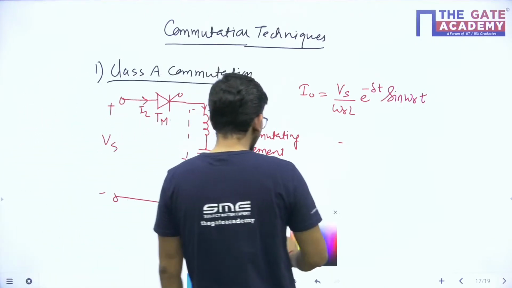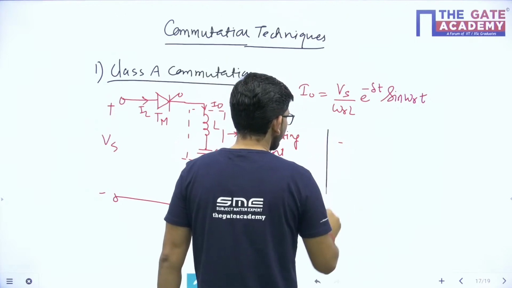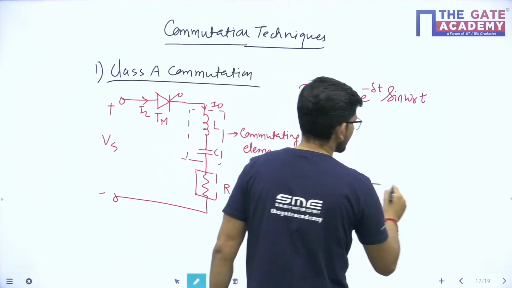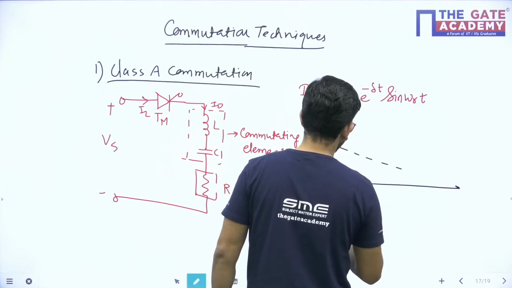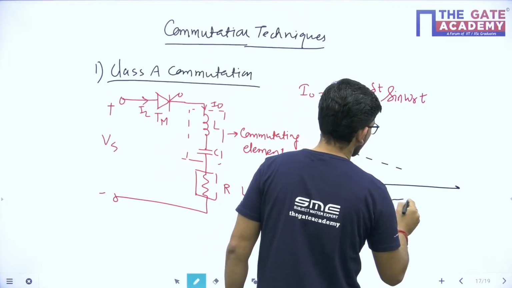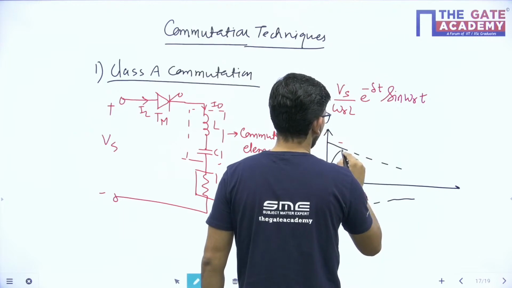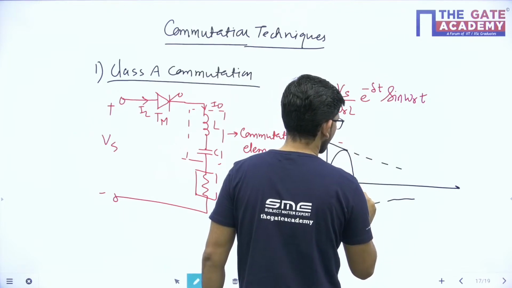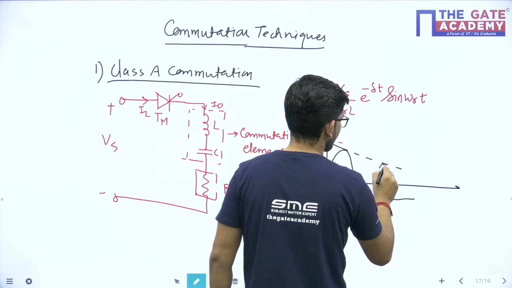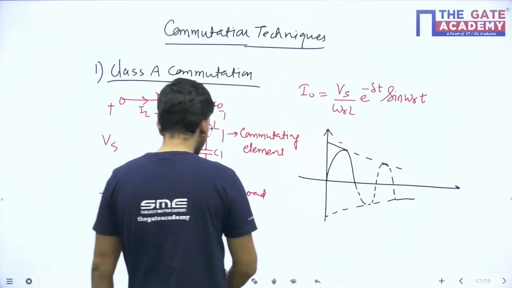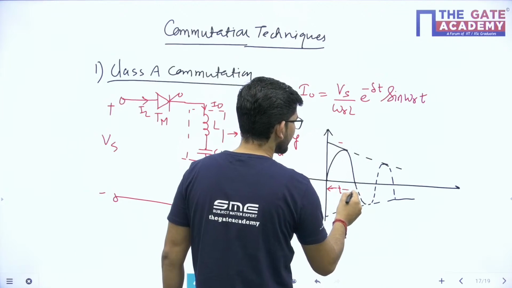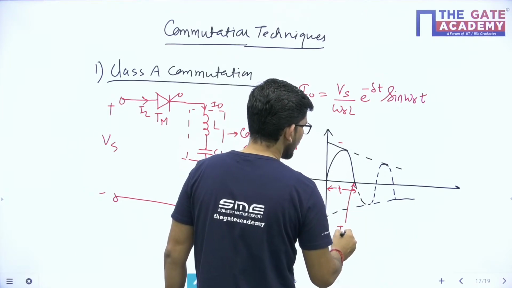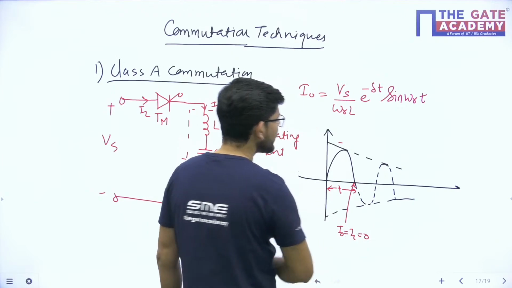If I draw this particular current, you can see after this particular time t, what will happen? After this particular time t, this current I naught or IL will become 0.